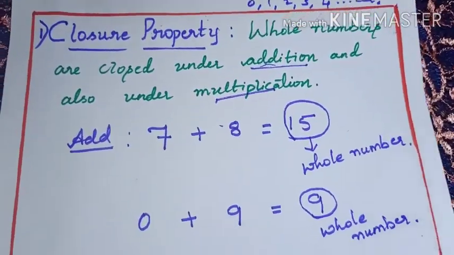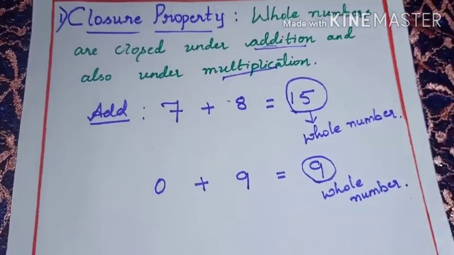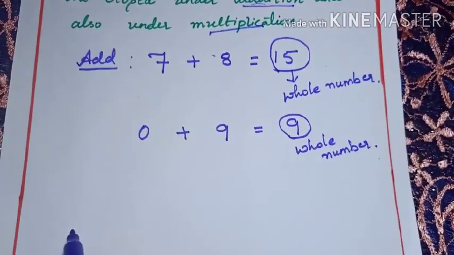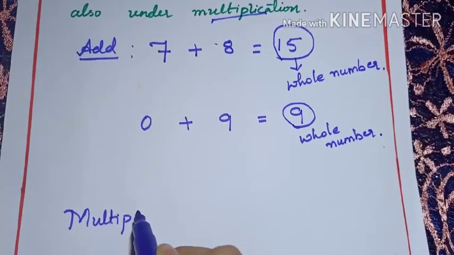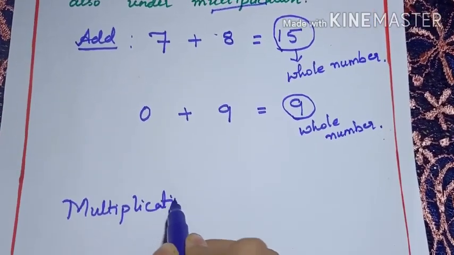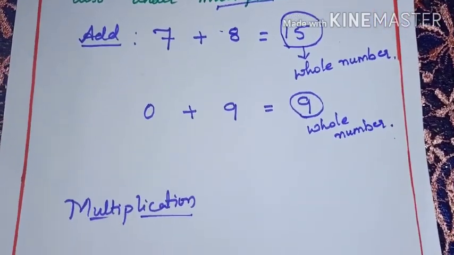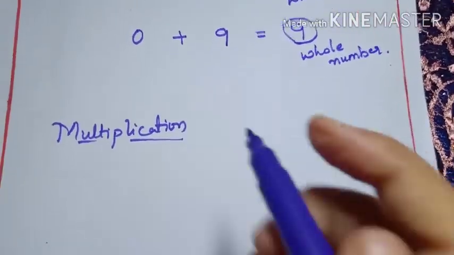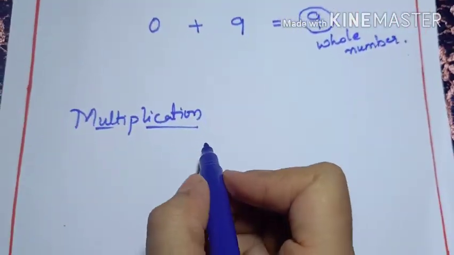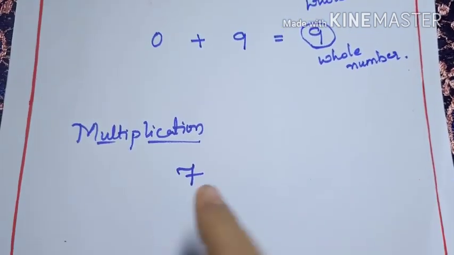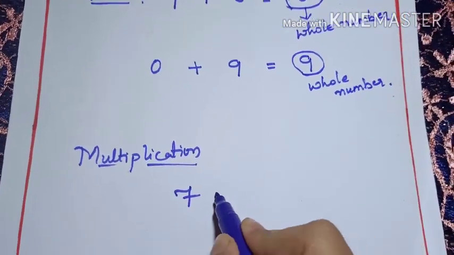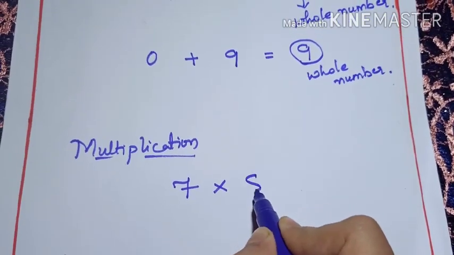Let us see how the closure property is satisfied under multiplication. Again, let me take 7, a whole number. Let us multiply it with another whole number, 8.